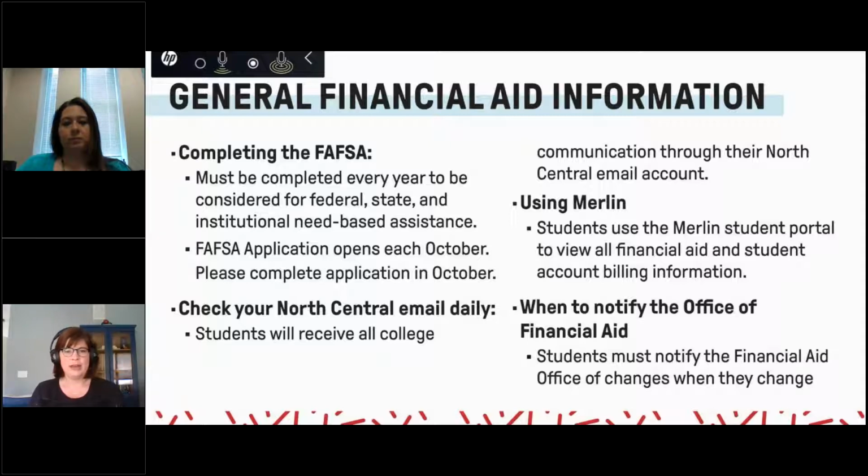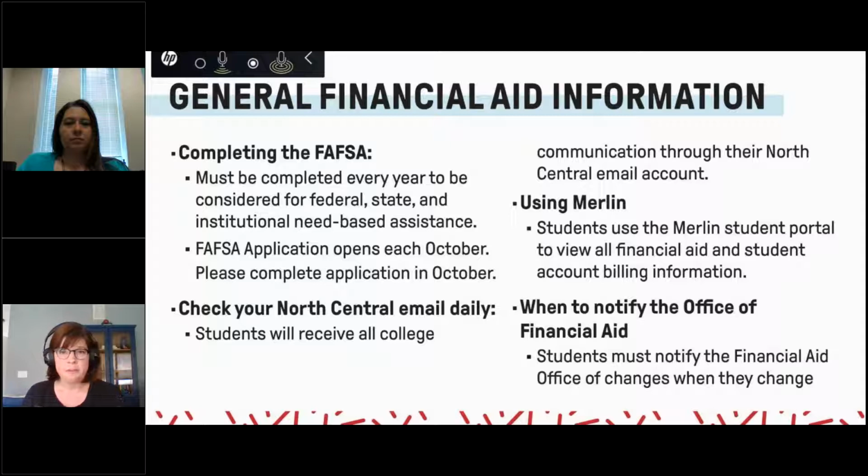Another general caveat about North Central. Now that you are a North Central College student, we consider email the main means of communication with all of our current students. We do encourage you to check your North Central email account daily and take action on anything that needs to be responded to, or send it home to your parents if that's what you have planned as a family.